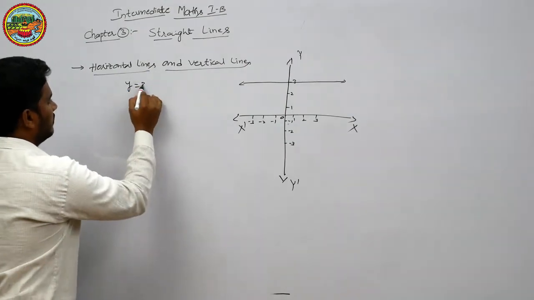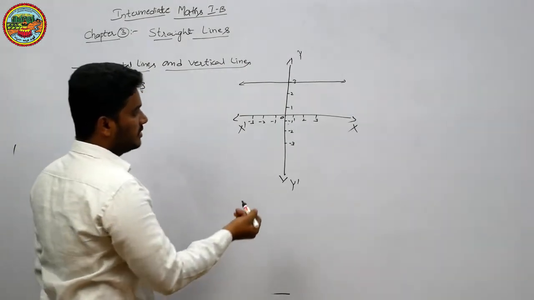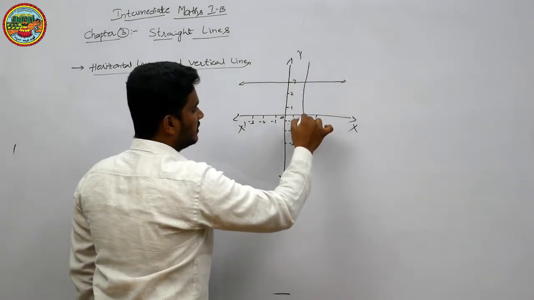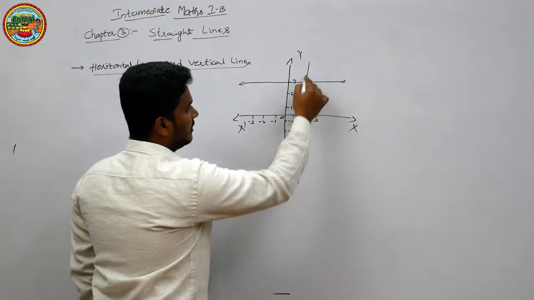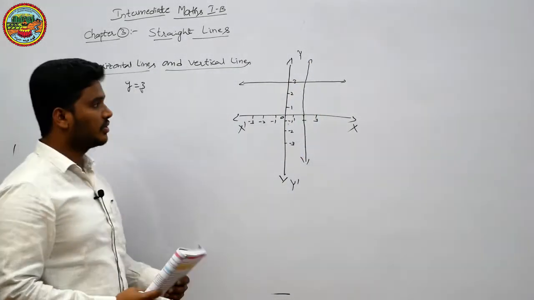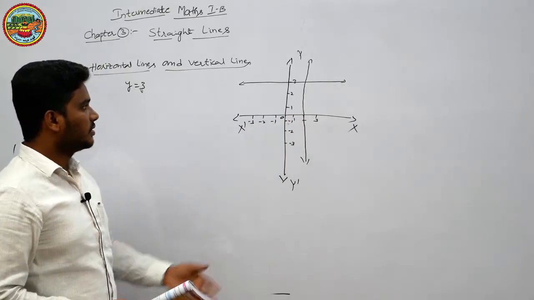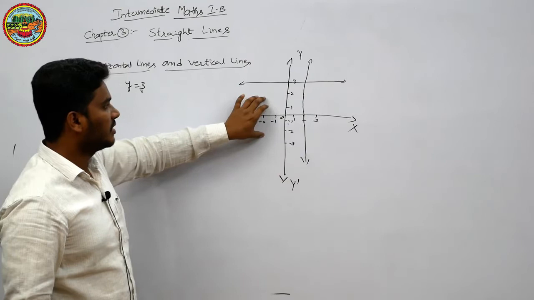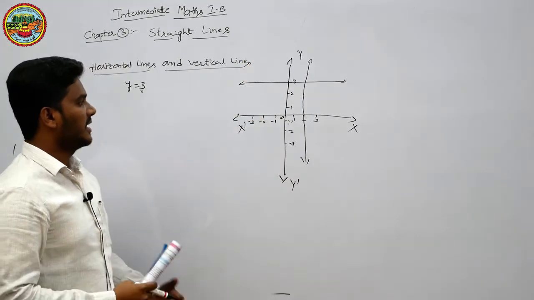3. For suppose another line is passing through this second, this is called a vertical line. So the vertical line is parallel to y-axis and the horizontal lines are parallel to x-axis.